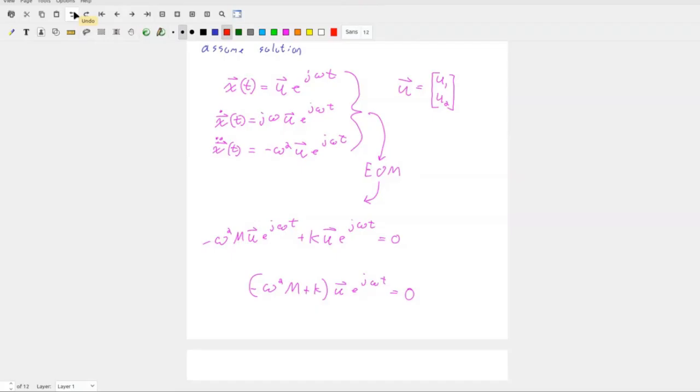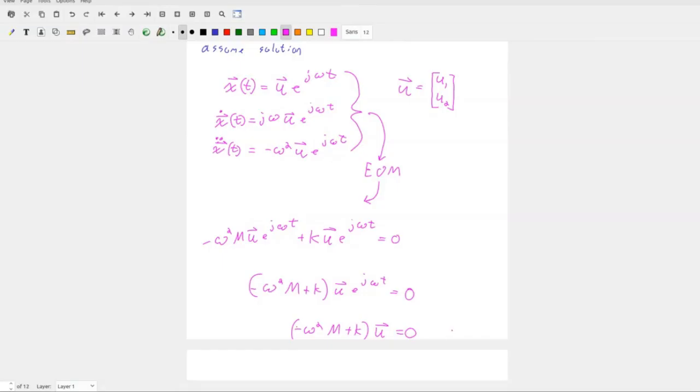So this forms a homogeneous set of algebraic equations, right? So to be useful, let's write it like this. Let's take out the things that we're looking for, and we have negative omega squared m plus k multiplied by u vector is equal to 0. We need that to be equal to 0 to get the previous equation to be equal to 0.